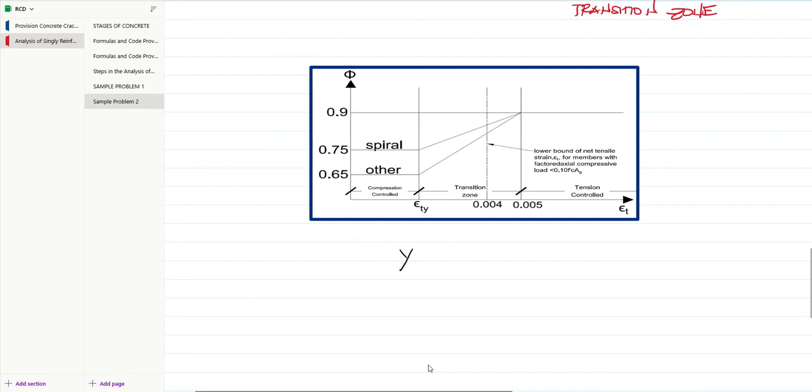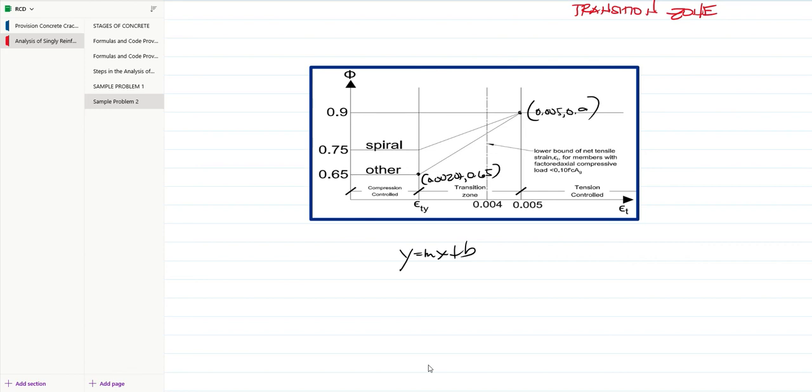So, syempre, y is equal to mx plus b. And this point will correspond now to ang epsilon ty natin still, since ang fy natin is 414. So, that is 0.00207. And yung corresponding y niya is 0.65. And for this point here, we have 0.005 and 0.9.